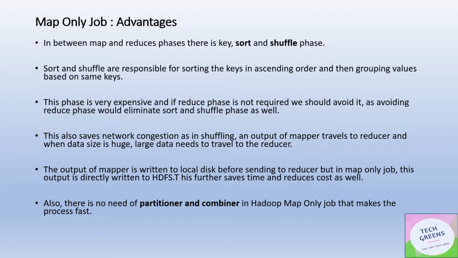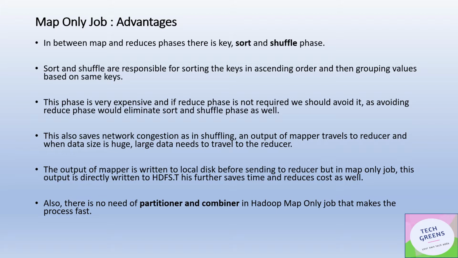If you've seen my previous videos, we have discussed the MapReduce entire life cycle. So in between map and the reduce phase, there are a lot of different stages or different activities like sorting and shuffling. And sorting and shuffling are responsible for sorting the keys in ascending or descending order, and then try to group the values for the same key before we send them to the reducer.